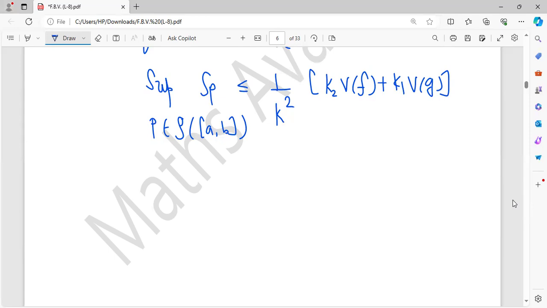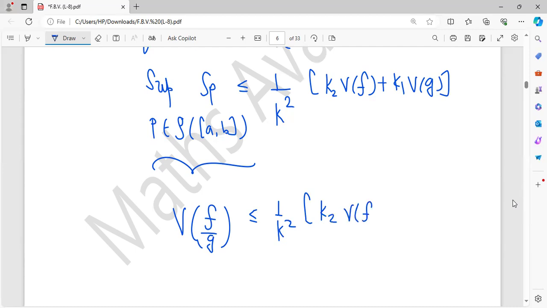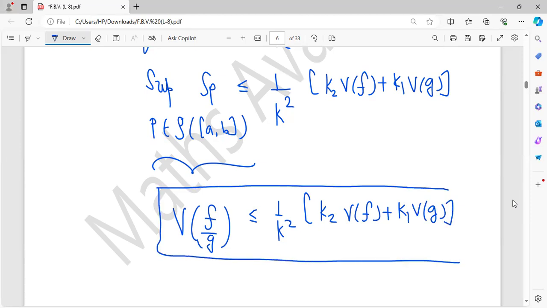Taking the supremum over partitions P, this is V_{f/g}, which is less than or equal to 1 upon k square, K2 V_f plus K1 V_g. So the total variation of f upon g is bounded above by 1 upon k square, K2 times the variation of f plus K1 times the variation of g.